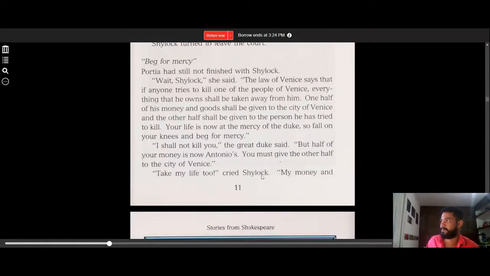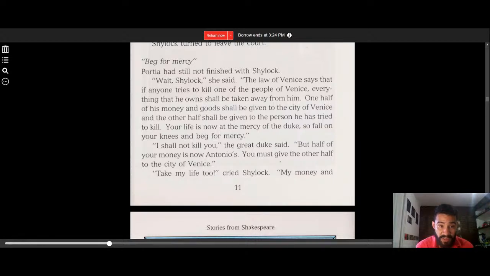Portia had still not finished with Shylock. "Wait, Shylock," she said. "The law of Venice says that if anyone tries to kill one of the people of Venice, everything he owns shall be taken away from him.